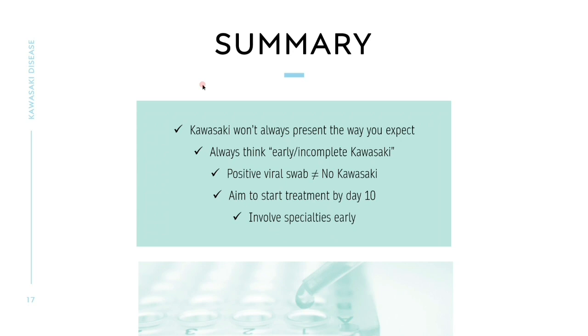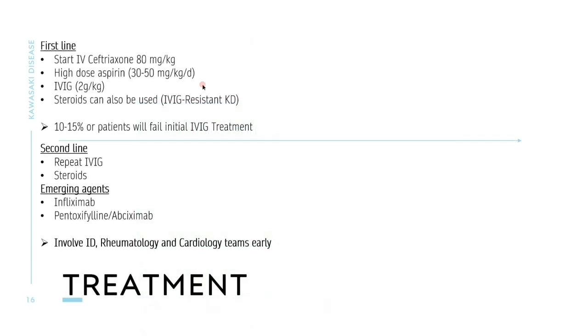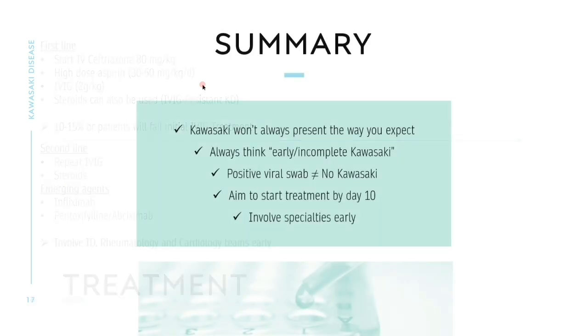And again, as we said, it's very important to start the treatment within the first 10 days, ideally between day 5 and 7. IVIG was seen to reduce the likelihood of developing coronary aneurysm from 25% to 3 to 5%. So it's very effective.